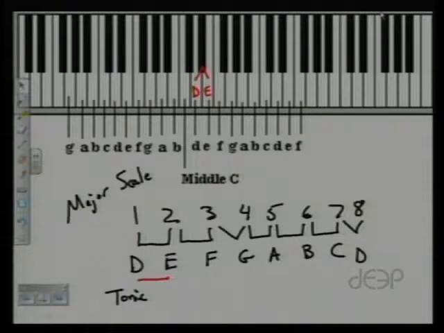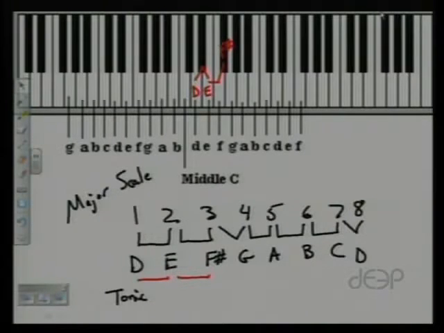Now from E to F is also supposed to be a whole step. Well, here's E and here's F. That's just a half step. So we have to go another half step, giving us that whole step, and that would be F sharp. So we have to change that F to F sharp to accurately fit into the D major scale.